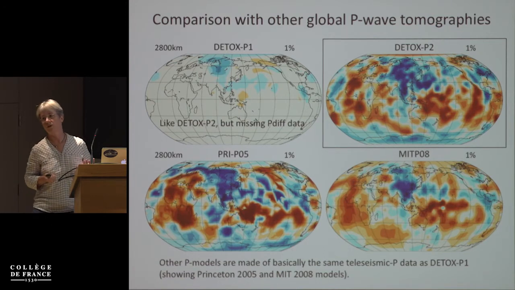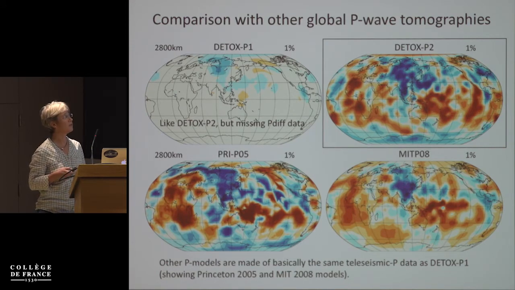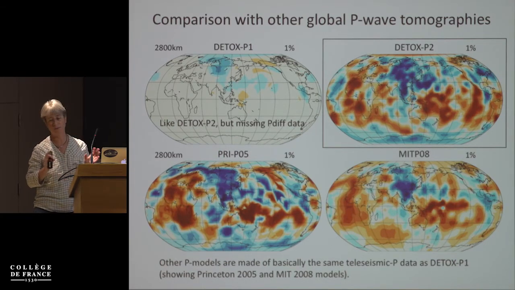They have more structure. What's that difference? Well, because we now have so much P diff data, we can afford to robustly damp the teleseismic waves. That means we can make sure this model is really stable, and the teleseismic waves only have to talk about the upper two thirds of the mantle.